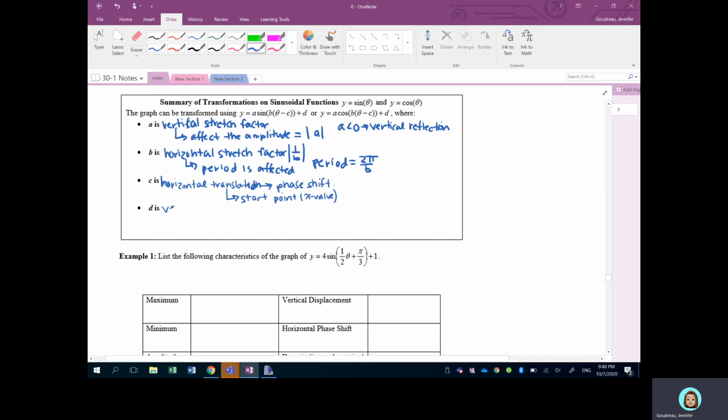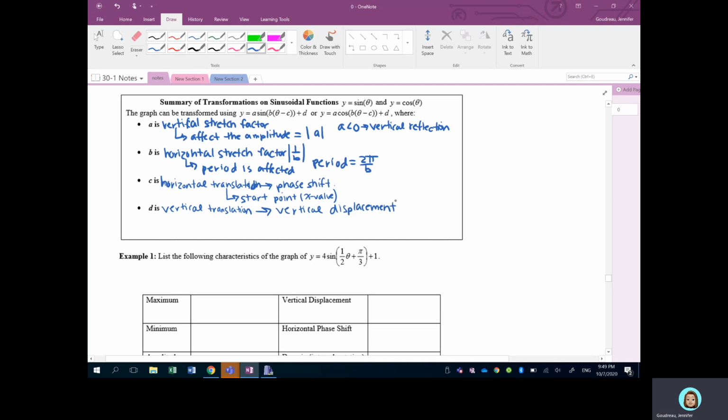D is our vertical translation, so moving the graph up and down. However, we don't usually call it a vertical translation. In trigonometry, we call it the vertical displacement.